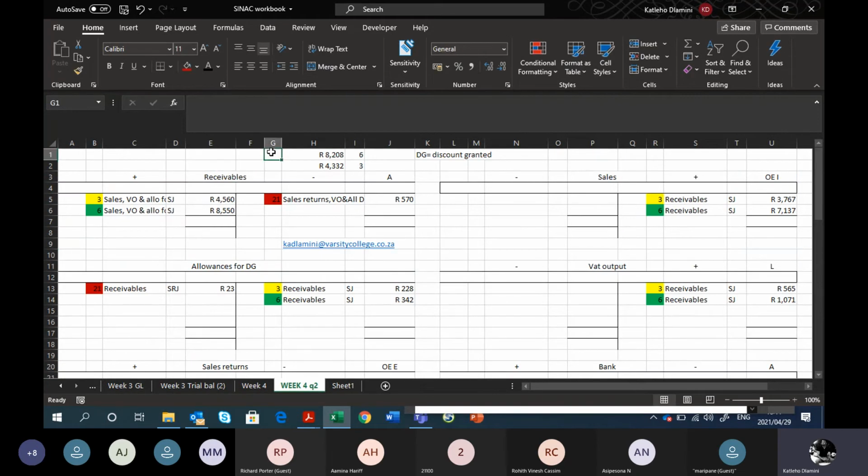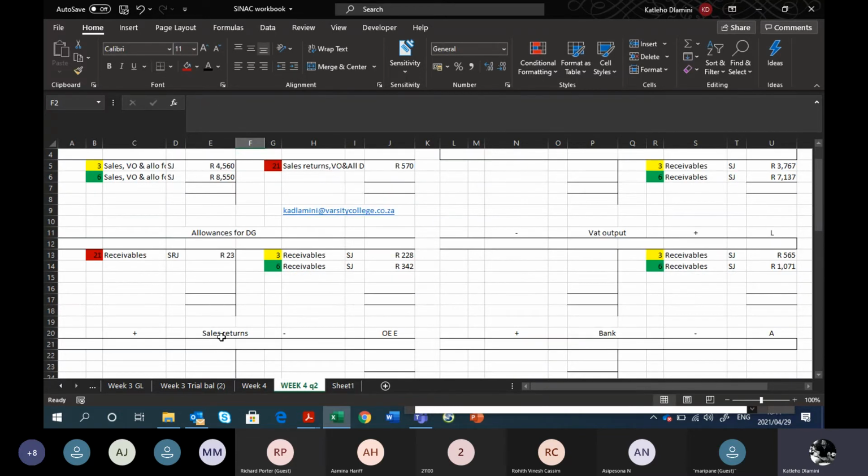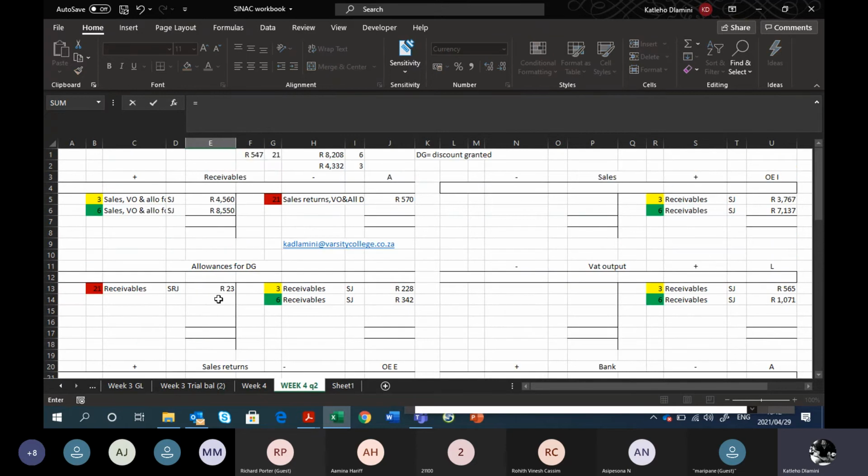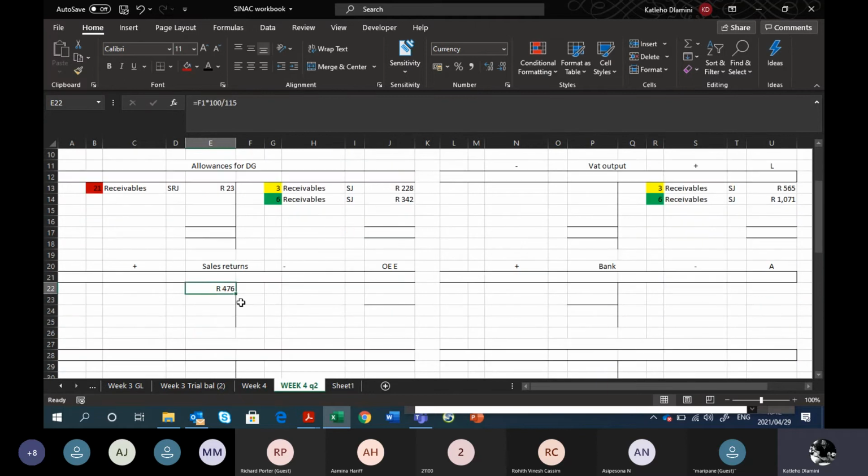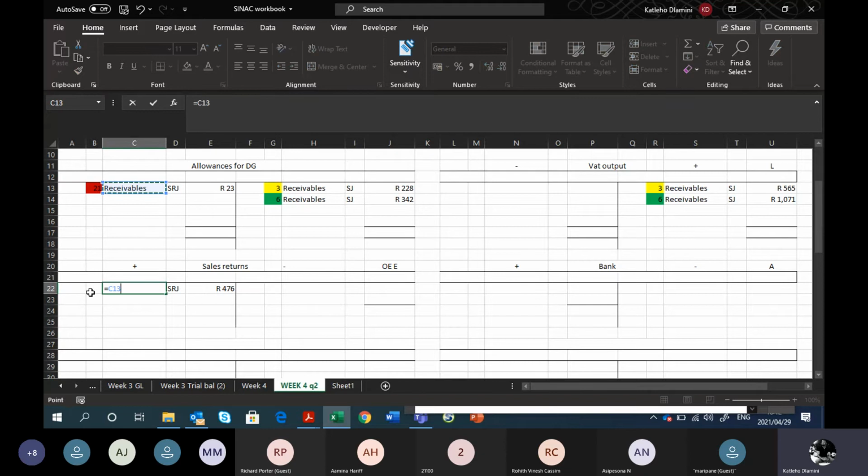Okay, so the 21st, my amount is 570 minus the 23, which is 54 whatever. So then this 54 whatever multiplied by 100 over 115, I get 476, sorry, not 60. SRJ, that's receivables on the 21st.